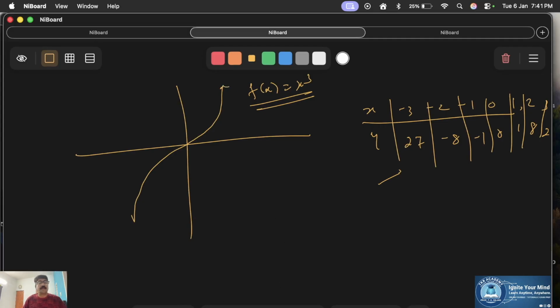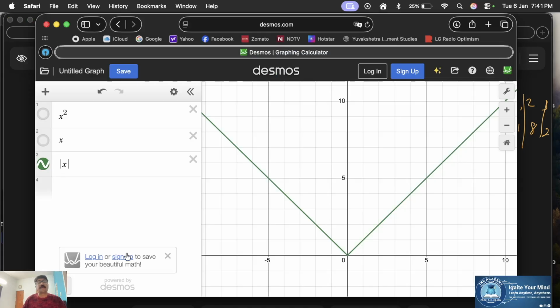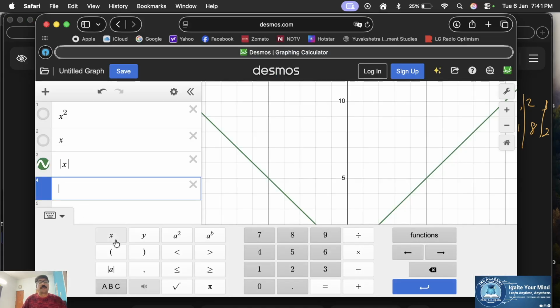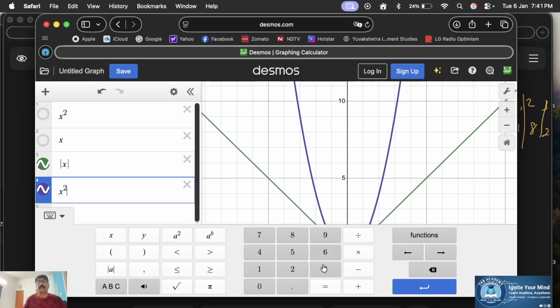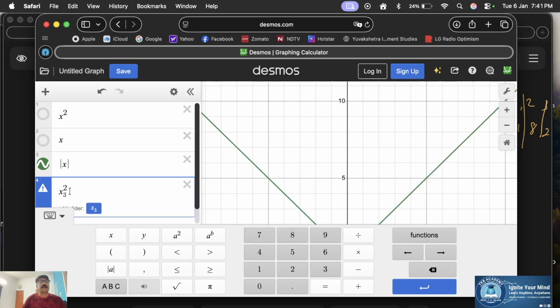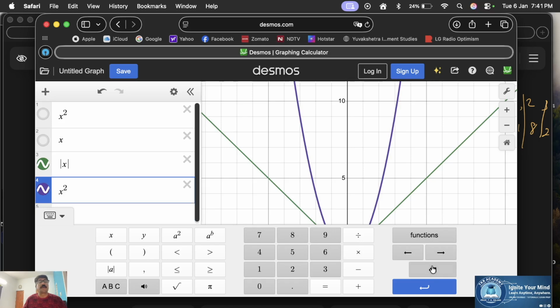Let us see in Desmos how the graph of x³ looks. x raised to 3. Now this is x squared cubed, what I typed is wrong. Let me type x³.